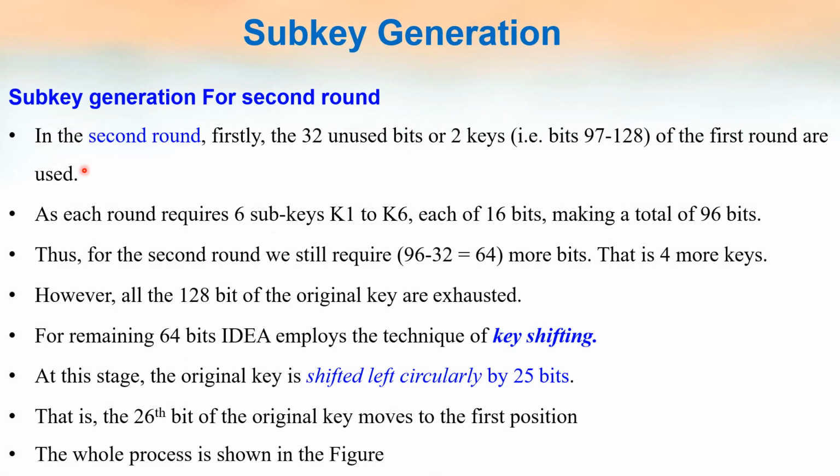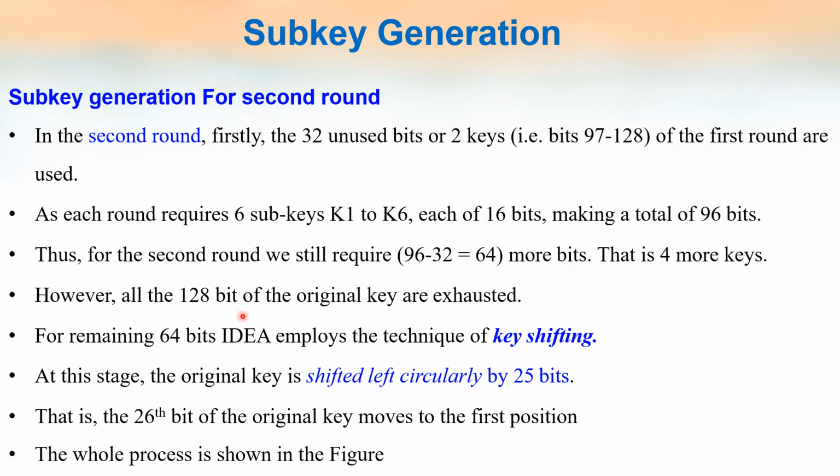We can see the explanation. In the second round, firstly, the 32 unused bits or 2 keys of the first round are used. As each round requires 6 subkeys K1 to K6, each of 16 bits, making a total of 96 bits, for the second round we still require 96 minus 32, which is equal to 64 more bits, that is 4 more keys.